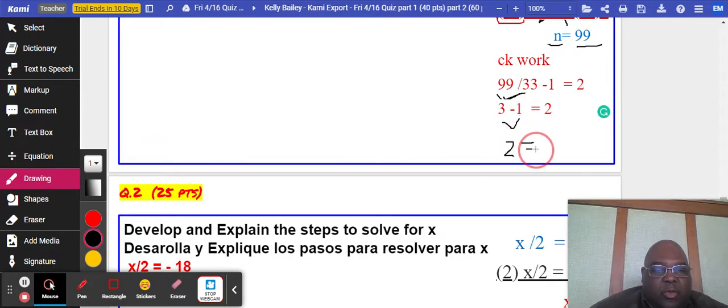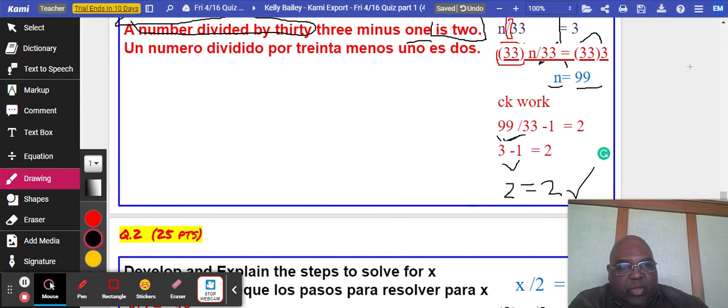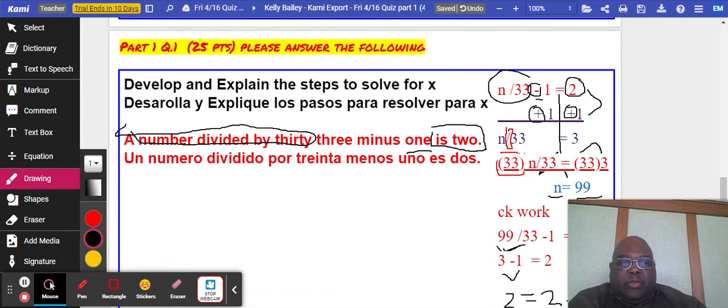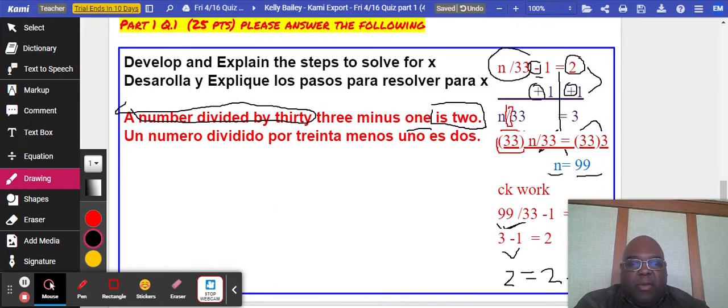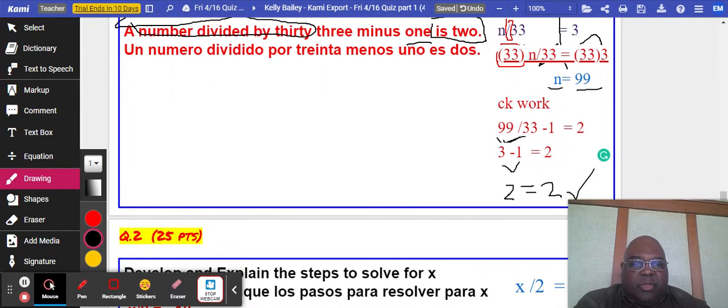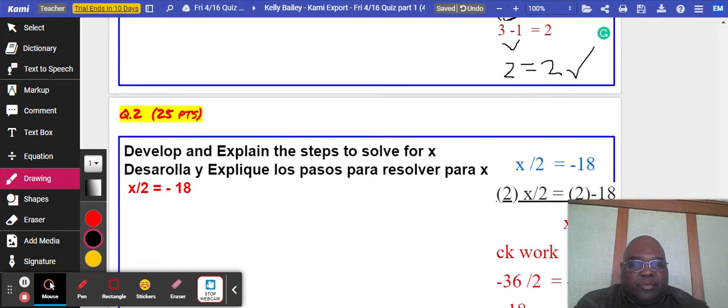And 2 does equal 2, so that checks for us. Easy peasy lemon squeezy. So that's how we would justify and explain our steps. So n equals 99.